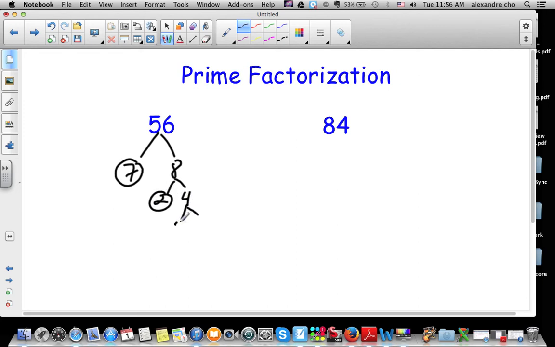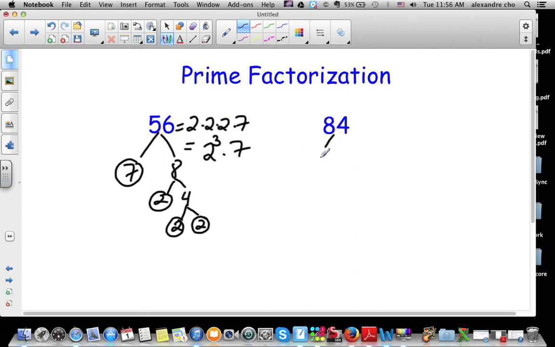And 4 can be broken up into 2 and 2 again. So every time you hit a prime number, you circle it so you know you don't have to continue. And another way of saying 56 is 2 times 2 times 2 times 7. It's the same thing. Okay, or using exponents, you will write 2 to the 3rd power times 7. So the prime factorization of 56 is 2 times 2 times 2 times 7, or 2 to the 3rd times 7.